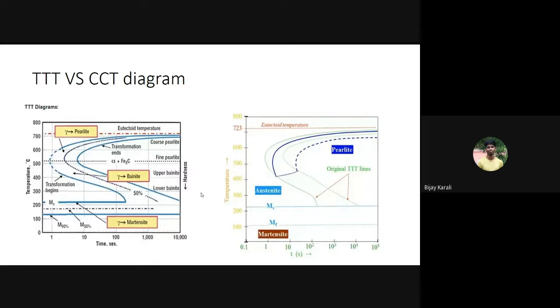But if your steel is a hypoeutectoid steel, then above 727 degrees Celsius. No. 727 is the eutectoid temperature. But I am asking, if your steel is a hypoeutectoid steel, then above what temperature do you have to heat?